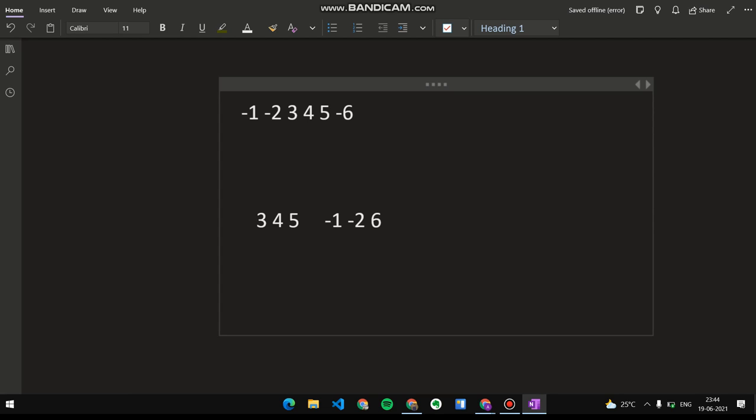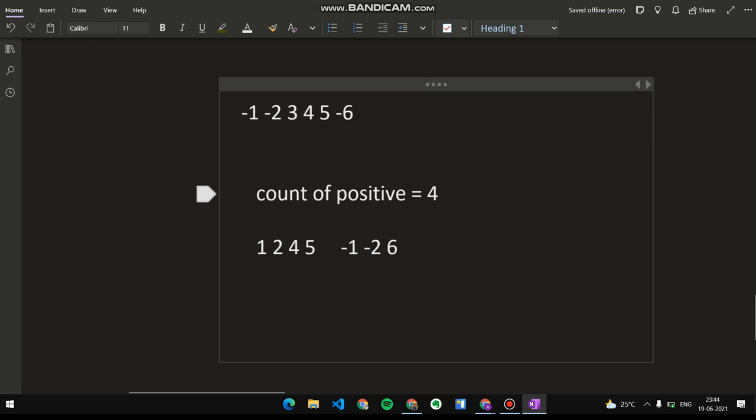Let me change the array to 1, 2, 4, 5, and the total count of positive equal to 4. So any number greater than 4 cannot be your answer. So 5 cannot be your answer.